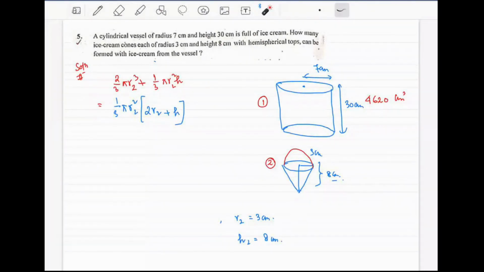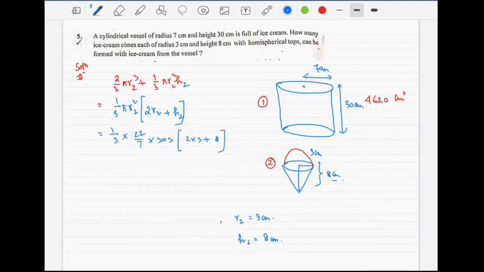All right, then let's put in the values. R2 is 3 centimeter, right? So we will have 1 by 3, 22 by 7, 3 into 3, 2 into 3 plus 8. We can cancel 3 and 3. The rest we cannot cancel further.